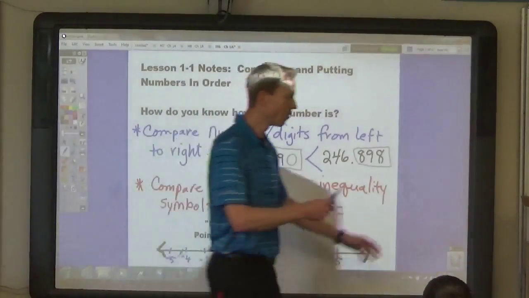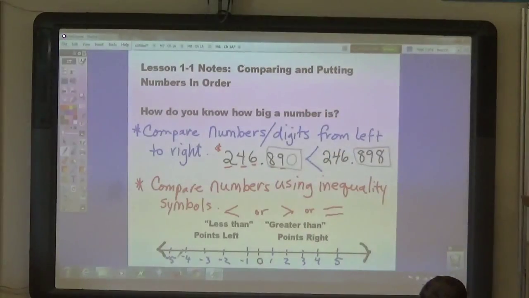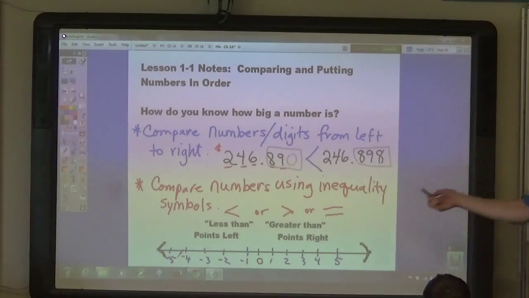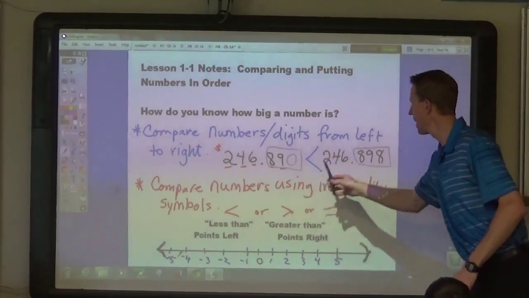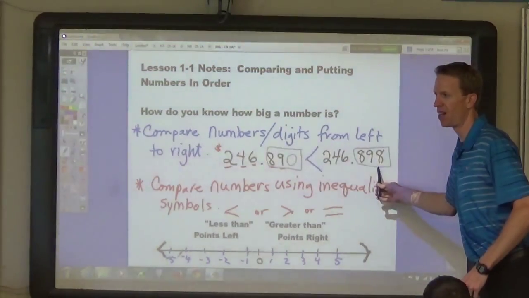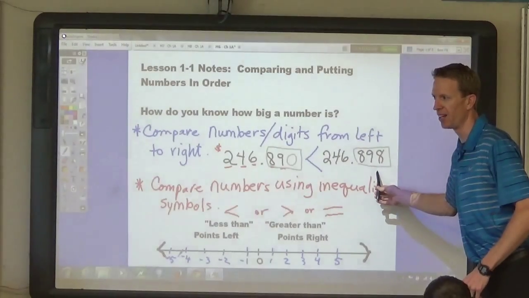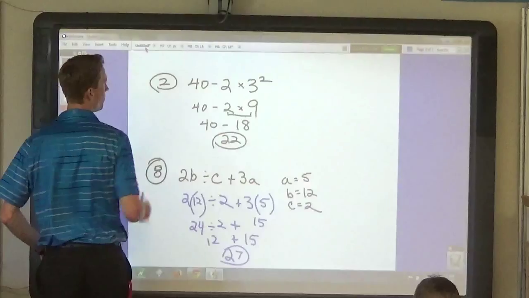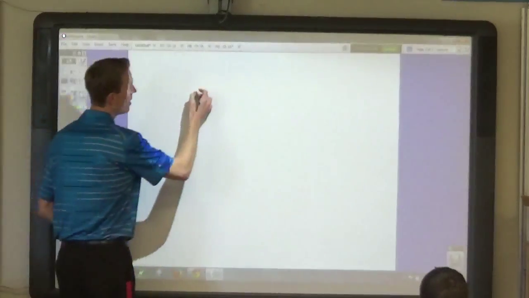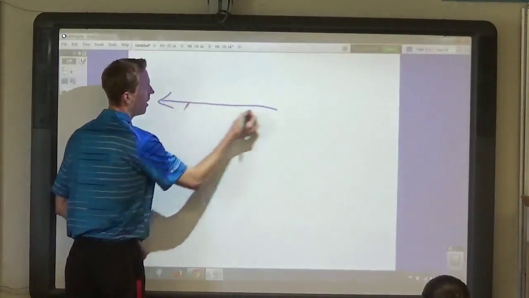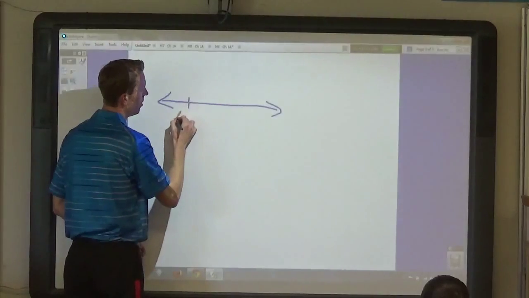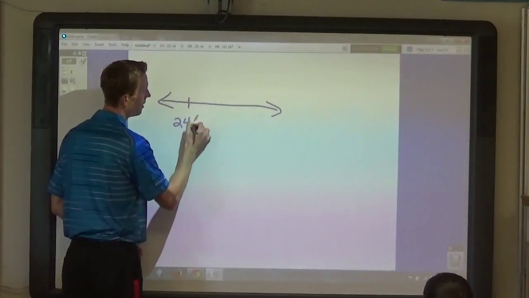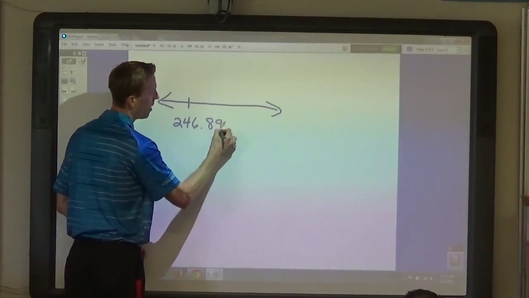They're both way over here somewhere in the big numbers, 246, but this one would be to the left of this one on the line. And we marked them on the line. Okay? They would be like this. If this was our number line, 246.89.